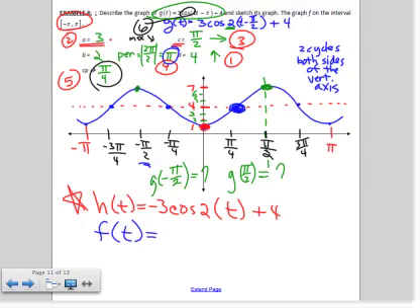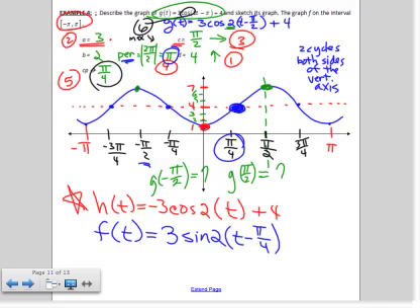Since it starts at a 0, we're going to make it a sine. It's going in the correct direction, 0 to maximum, so that means it's +3 as the amplitude. This doesn't change at all. We still have the same period. But we did do a horizontal shift, so it's going to be t minus pi over 4, close parentheses.